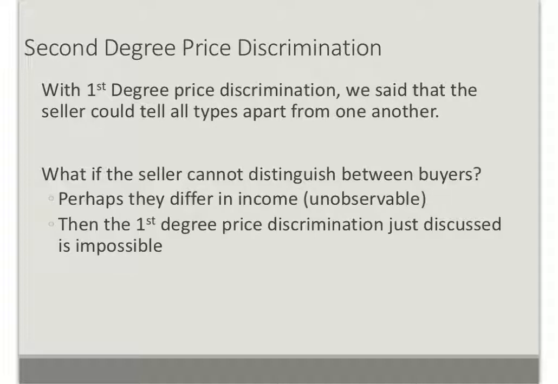In first degree price discrimination, you would need to be able to look at someone and say, okay, you're customer X, you're customer Y. If you can't do that, second degree price discrimination is looking at, okay, is there a way to kind of come close? It's not going to mimic it, but come close.